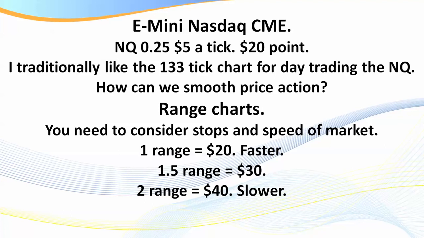So typically, with a 1.5 range, I might require two candles to give me my entry. Then my stop will be 2 ticks below there. That's $70, and maybe even 1 tick higher for my entry to be stopped into a trade. So it might be a $75 stop. So that's why you need to really consider the size of those candles.